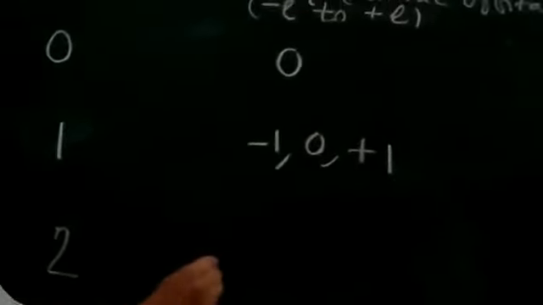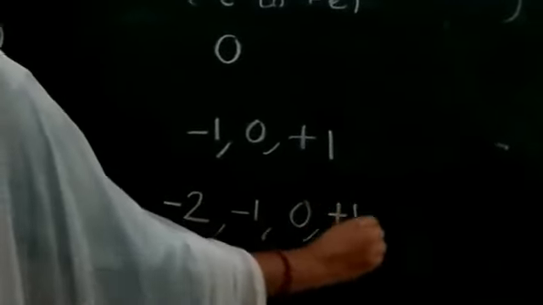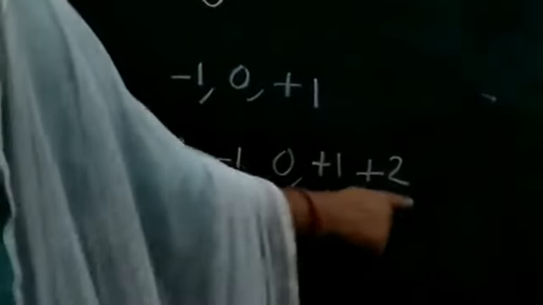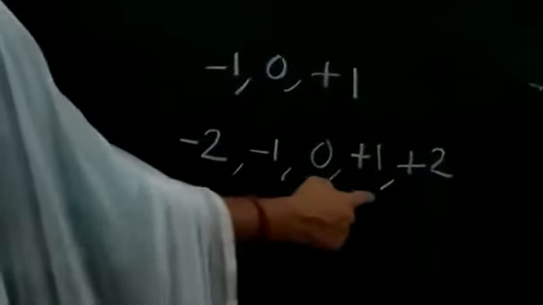Now the second subshell, for the D subshell, how many possible values will there be? It will be -2, then -1, 0, +1 and +2, that is from negative to positive value of l. So how many are there? 1, 2, 3, 4, 5.